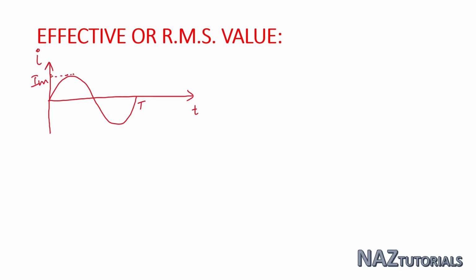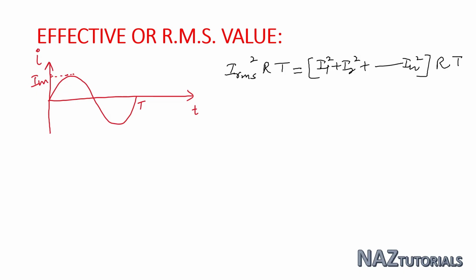So you can see this DC value, that is the RMS value. The heat provided by this value is I RMS square into R into T, and that value must be equal to the AC value, that is I1 square plus I2 square up to In square into RT divided by n.